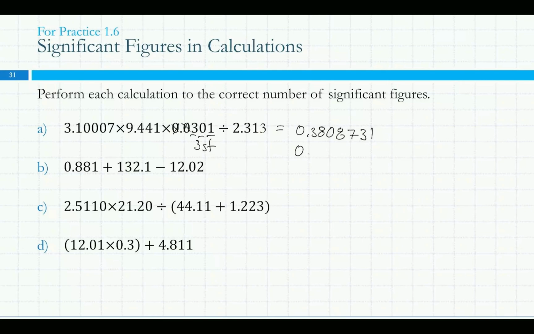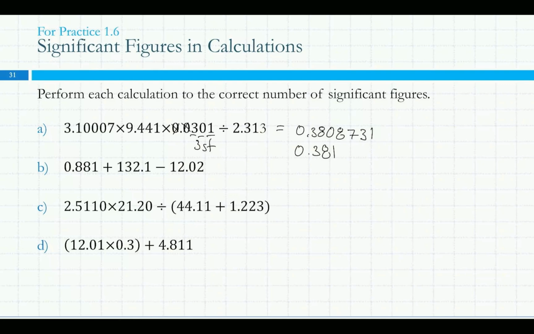So this should be 0.381. So we didn't have to go stepwise on this one because it's all multiplication and division. Just count the smallest number of sig figs. As long as there's no addition or subtraction, doesn't matter. We just keep the smallest number of sig figs. We'll tell you this now: the majority of calculations that we do in this class are multiplication and division. There is some addition and subtraction.